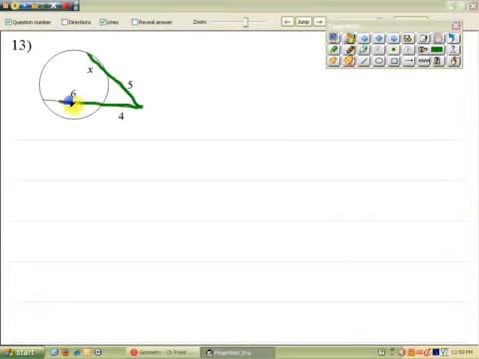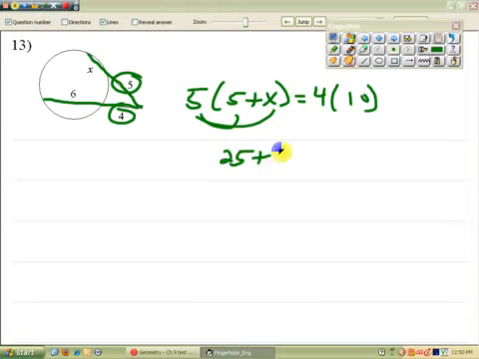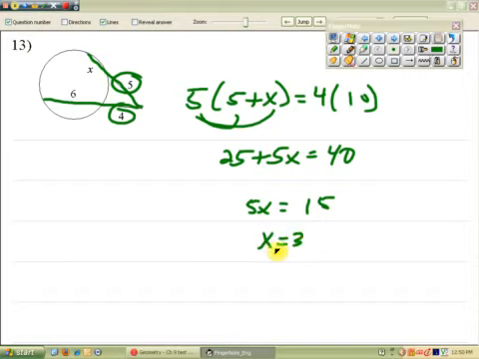So we take again the outside part of the line times the total part of the line equals the outside part of this line times the total. Well, 6 plus 4 is 10. So again, you distribute here. That's 25 plus 5x equals 40. Subtract 25. 5x will equal 15. X will equal 3.